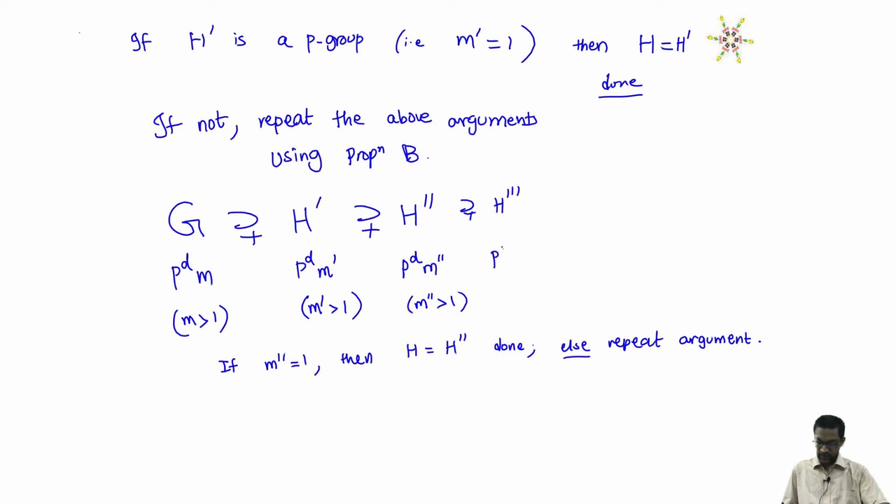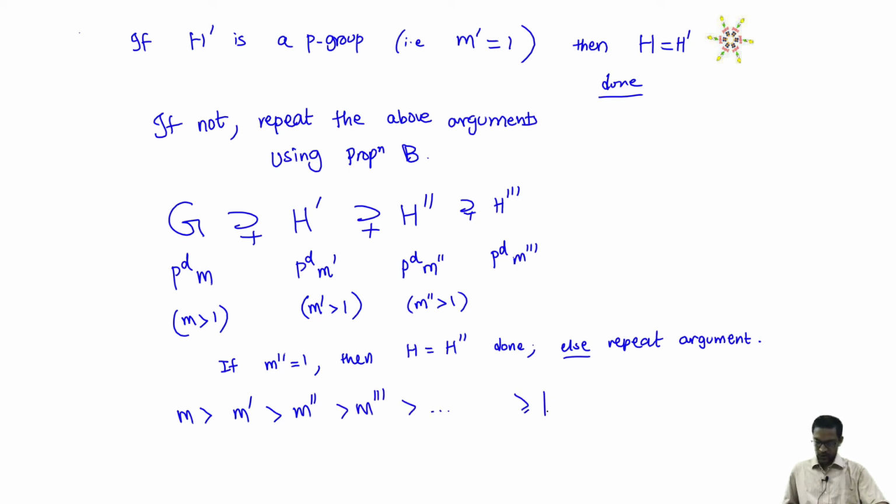So observe that this sequence of subgroups that we are constructing all have the following property: they all have cardinalities of the form P power D into something, where P power D is the same throughout, and these numbers M, M dash, M double dash, M triple dash are such that M is strictly bigger than M dash, which is strictly bigger than M double dash, and so on.